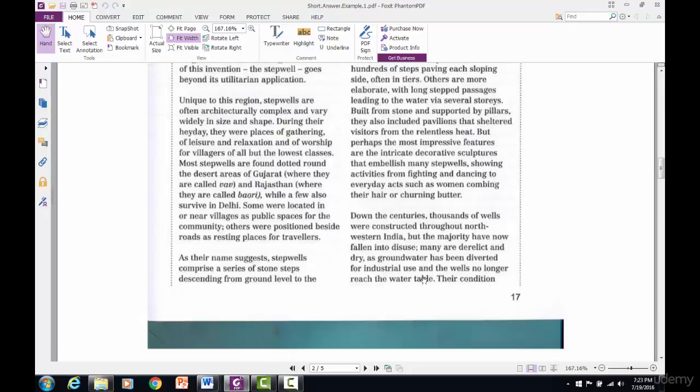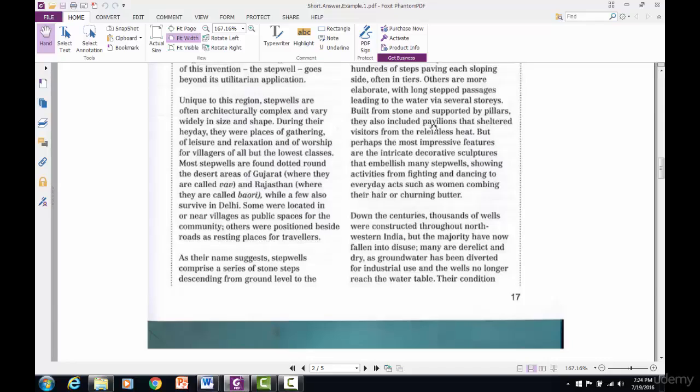We started right here, and I'm going backwards. There's the word sheltered. Sheltered is a synonym for shade.